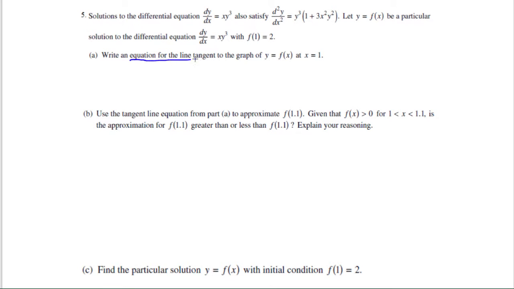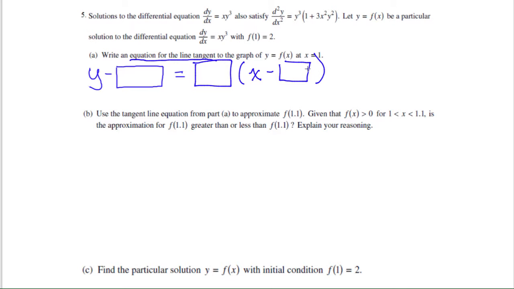Alright, equation for the line tangent. We automatically know we're using what formula? y minus y1 equals the slope times parentheses x minus x1. And this might be a fraction, we'll make it big, times x minus x1. Alright, so we know what our x is.